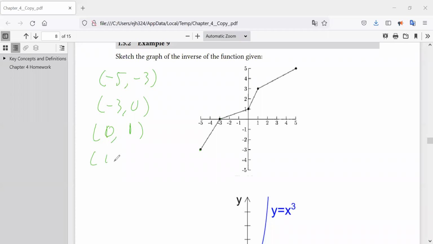Got 1, 3, and we got 5, 5. So what do people think we're going to do for this? Hint, remember when I said if f of x equals y, then f inverse of y is equal to x.